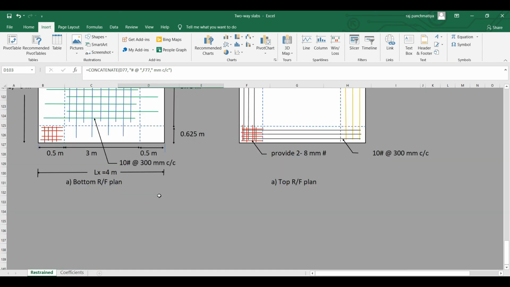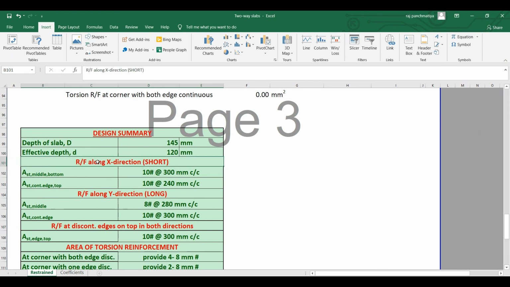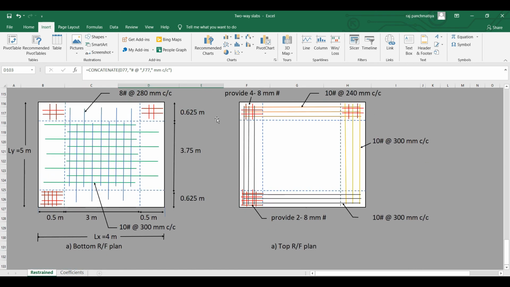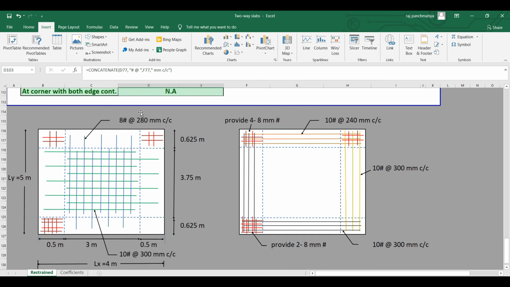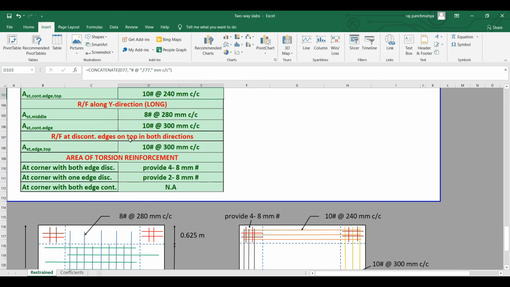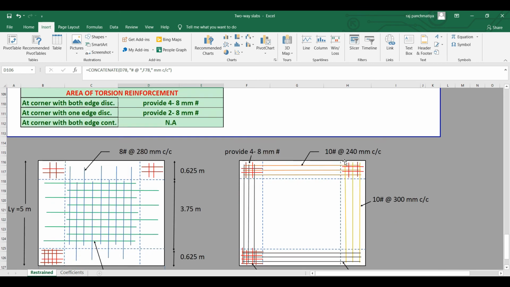Here in the X direction, the reinforcement at the continuous edge is 10 dia at 240 mm center to center. So this is the top reinforcement plan. This edge is the continuous edge, so we will provide 10 dia at 240 mm center to center. And the right side edge is the continuous edge. So for the Y direction, at the continuous edge we will provide 10 dia at 300 mm center to center.